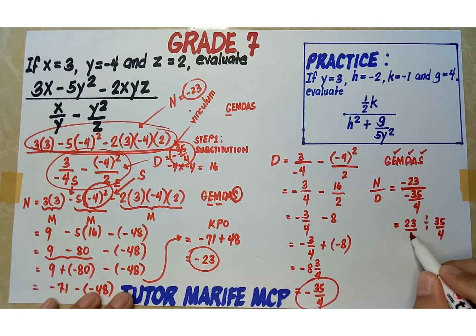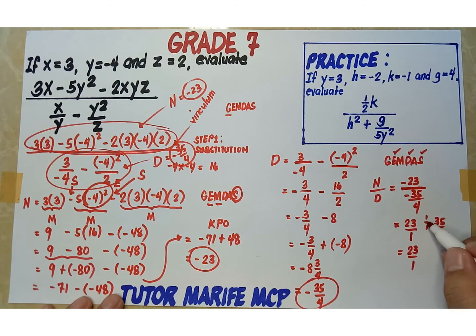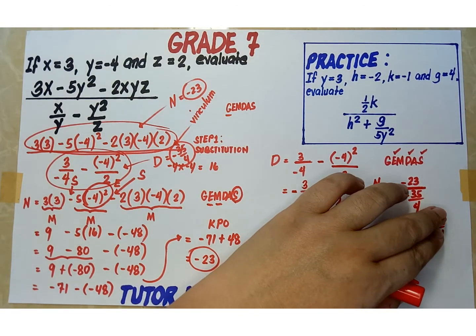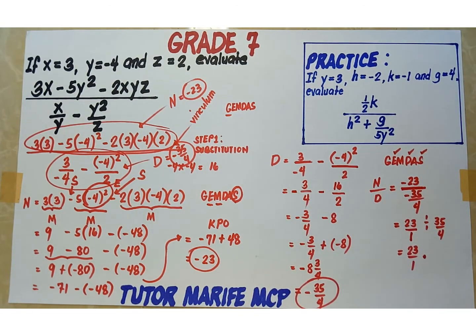So 23 pwede nating isulat na 23 over 1. How do we divide? We keep the first number. We proceed to multiplication. So we change the division symbol to multiplication symbol. And we flip the next number, the divisor. You invert 35 over 4 upside down.